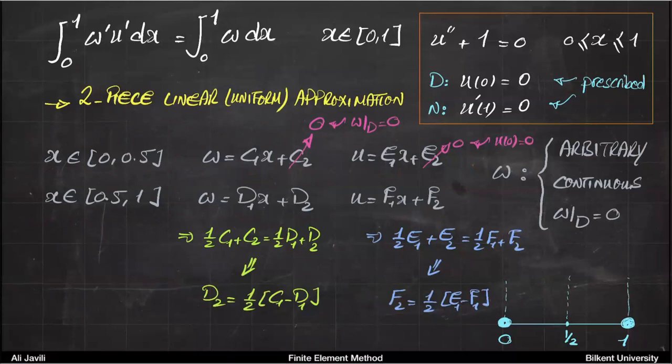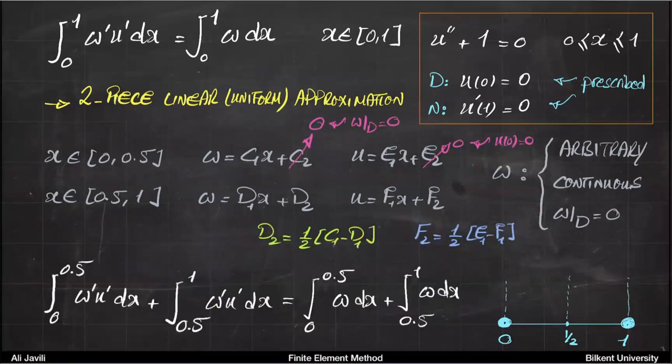Now, what we want to do is to proceed exactly as we did before. We want to insert this into the weak form and solve the problem. So this is your weak form basically.